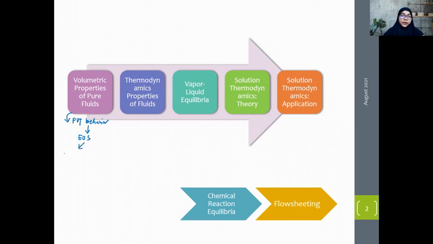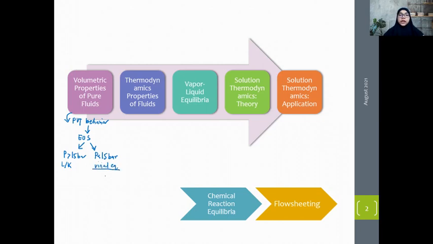If we have a pressure or saturation pressure higher than 15 bar, that means we choose the method of Lee-Kesler or refer to the reference table in determining a particular property. And if the system has a saturation pressure less than 15 bar, we use a virial equation.